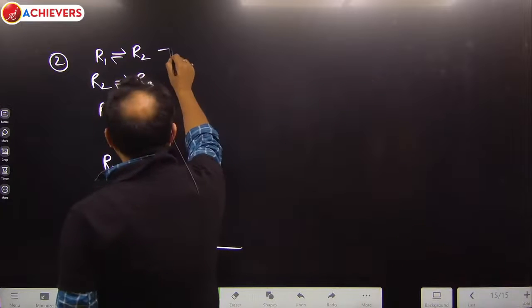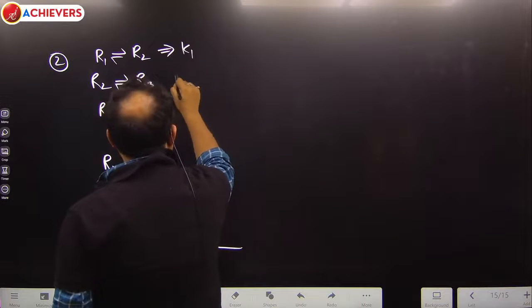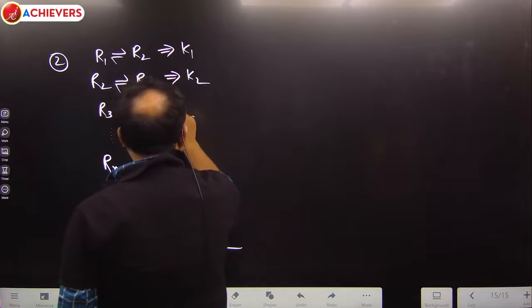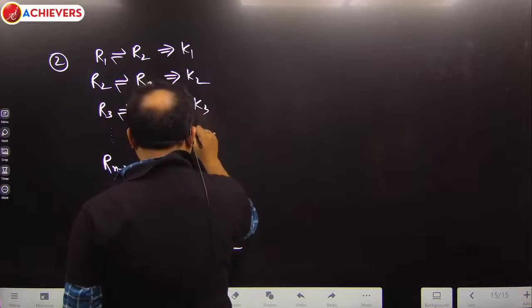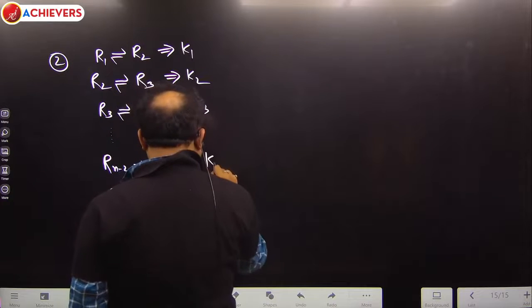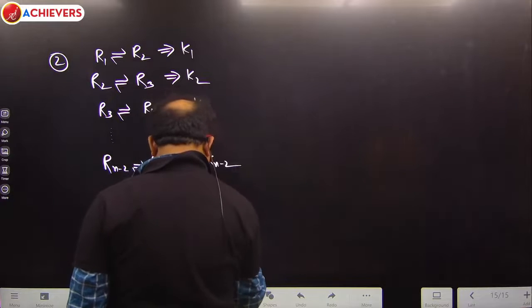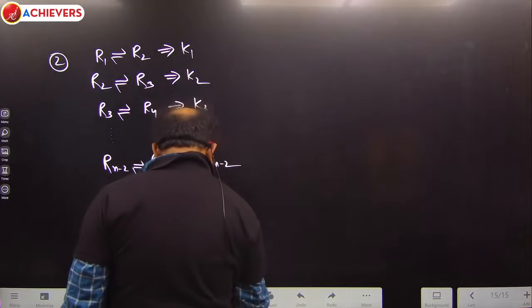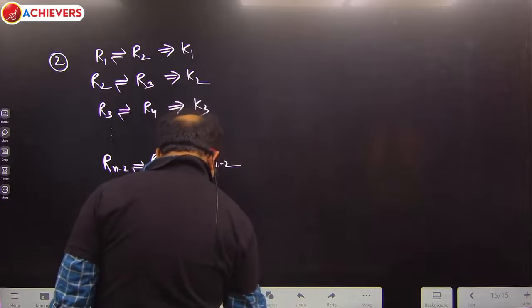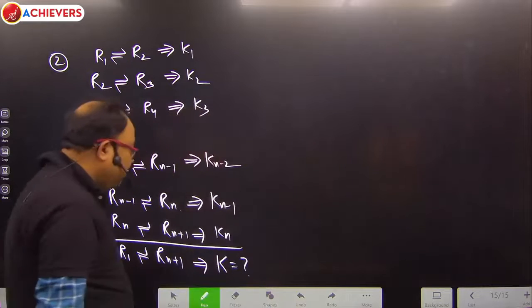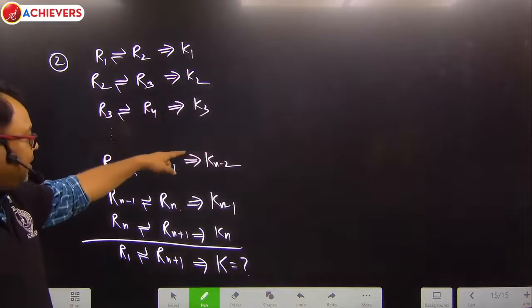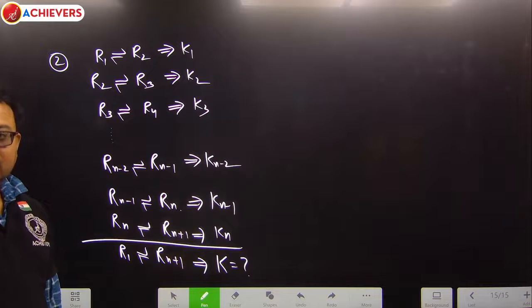Now, if all these equilibrium constants are K1, K2, K3, Kn minus 2, Kn minus 1, Kn, then what is the overall equilibrium constant, the expression of the overall equilibrium constant in terms of K1, K2, K3, Kn minus 2, Kn minus 1, Kn?